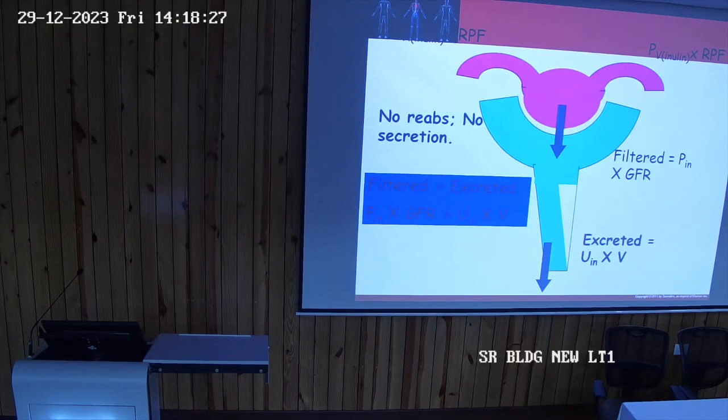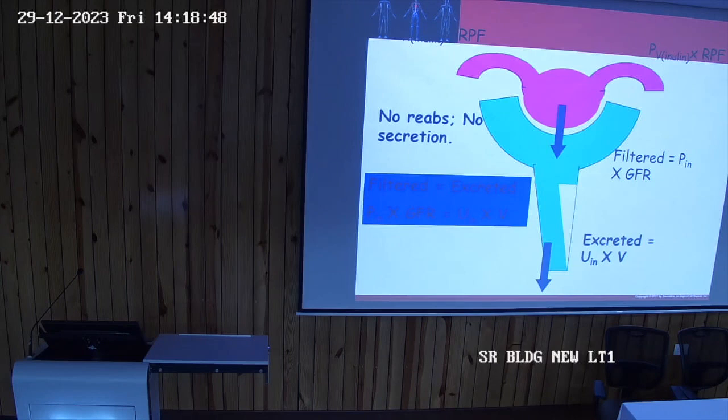Px or Pin, when we are talking of inulin it is Pin, or for any other substance creatinine, X, Y, Z, we can put a value X. So Px is the concentration or the amount which is present at the time in the plasma. GFR is the rate at which it is getting filtered, glomerular filtration.